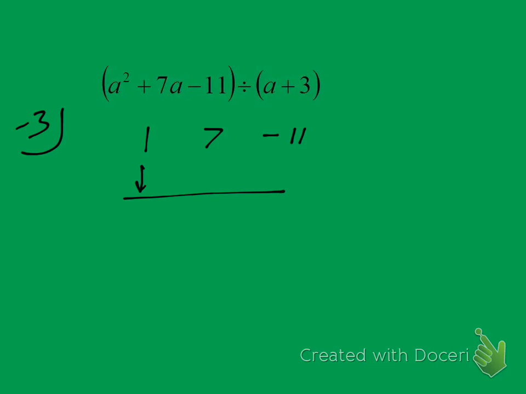Okay, bring the 1 down. 1 times -3, -3. 7 plus a -3 gives you what? 4. 4 times -3, -12. Okay, -12 minus 11 gives you -23. Oh, boy. What's new?